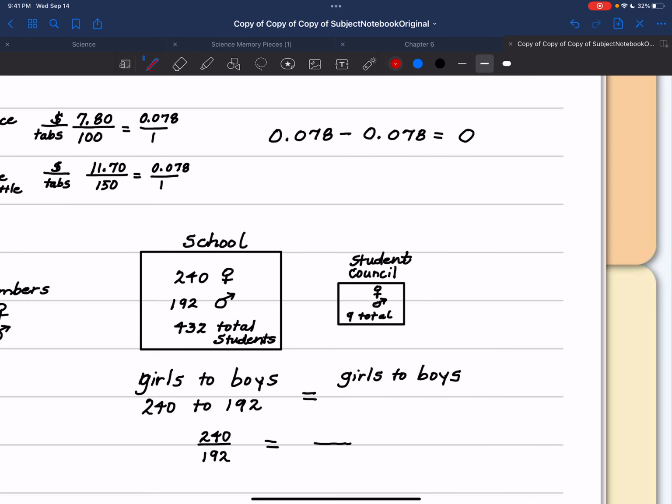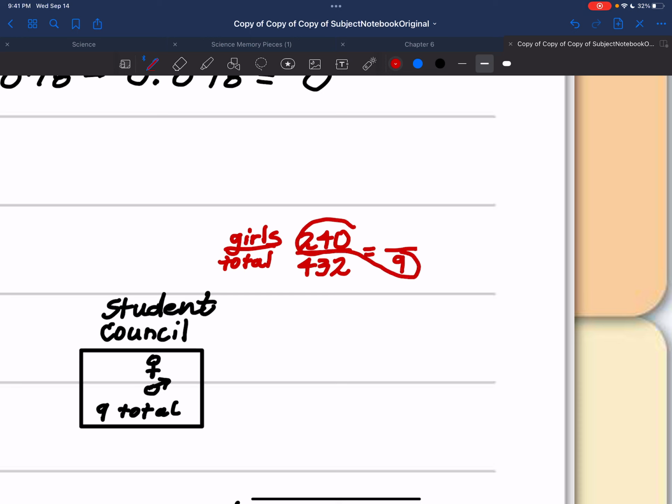I'm going to say there are 240 girls out of 432 students in this school. So I'm just writing the ratio of girls to the total. There are 9 kids on the council, so let's figure out how many of them are girls. So you'll say 240 times 9 is 2160.